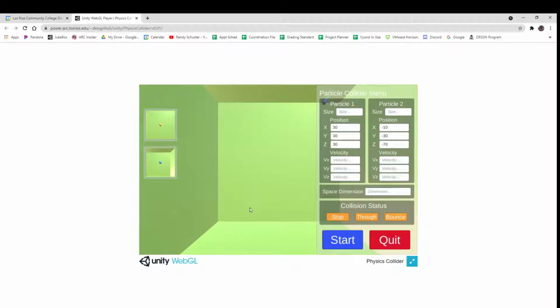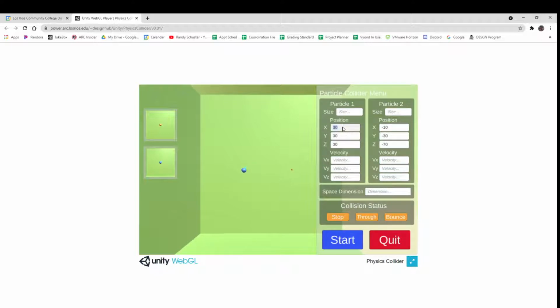The goal here is to provide a workspace where students can practice with sets of variables and get a visual understanding of whether it worked or it didn't work, the result was good or it wasn't good, or just to learn something about the interactions. And this is the most basic one that we can give, which is a particle collider, right?